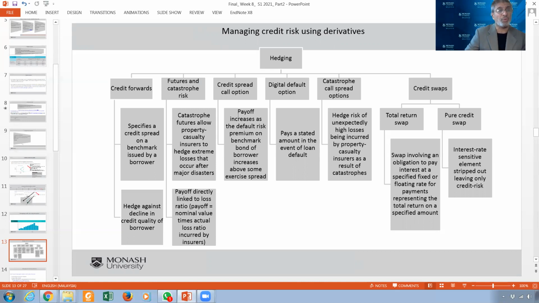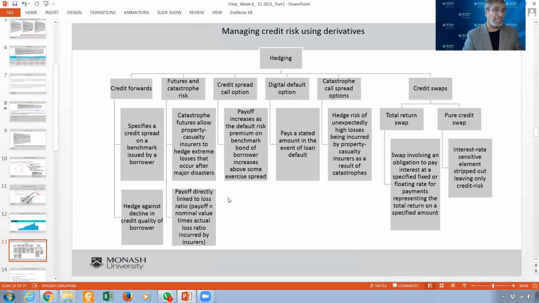With credit spread call options, the payoff increases as the default risk premium on a benchmark bond of a borrower increases above some exercise spread. So this option will be exercised if the spread increases beyond the benchmark, which is the exercise price.